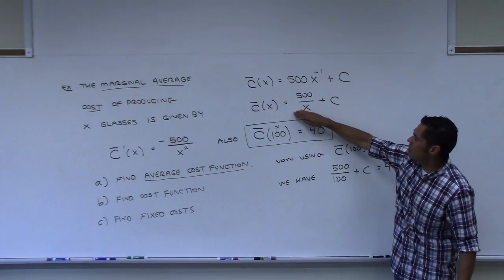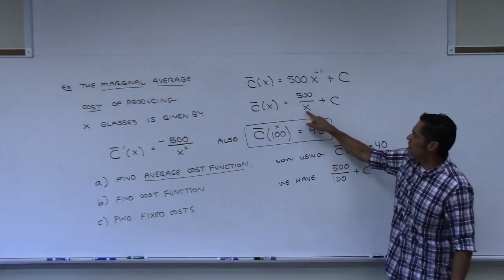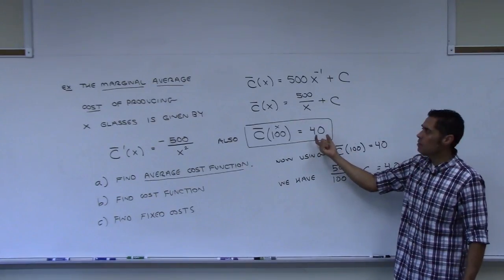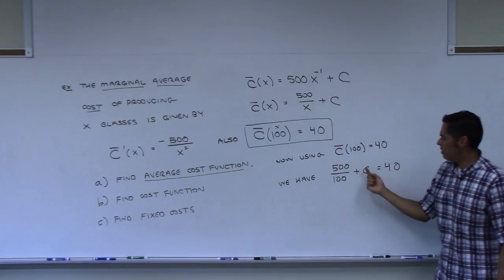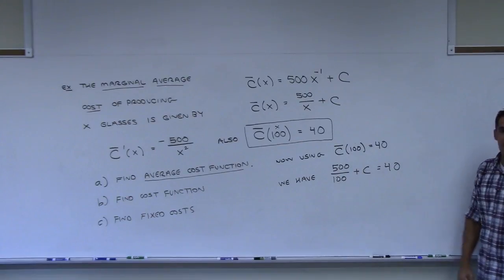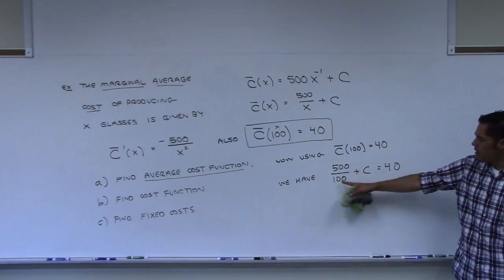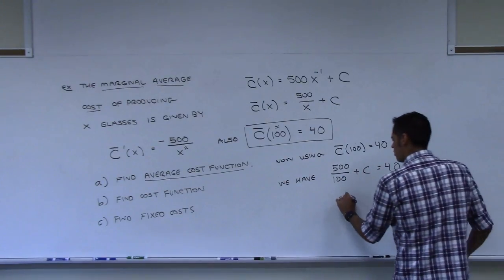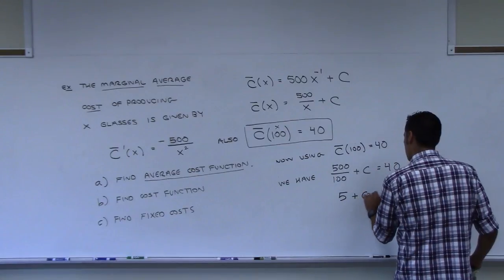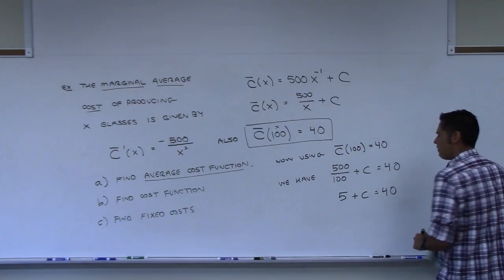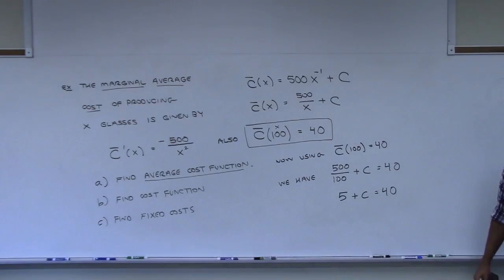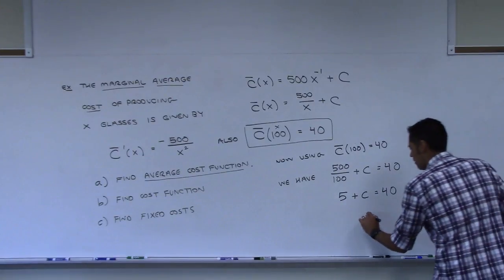If we plug 100 into it, it needs to spit out 40. So if I plug 100 into this, that's right there, this all needs to spit out 40. Make sense? So what is 500 over 100? 5. So this is really saying 5 plus C equals 40. And if I subtract 5 on both sides, what's C? 35.